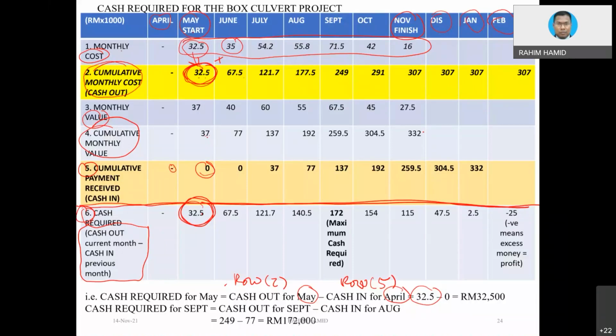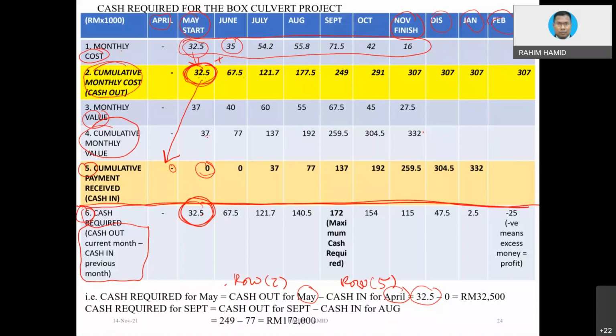Meaning to say, you deduct like this, not straightforward on the same month. Because remember, the cash in refers to the previous month's money that we have. Right now, what is the date? 13th of November, isn't it?